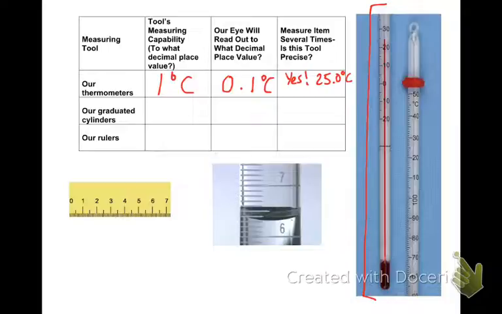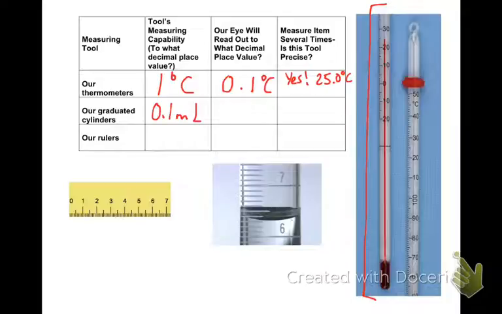Taking a look at our graduated cylinders. This graduated cylinder is going to read out to the 6 point, you got it? Yep, 10th place, well done. Because you guys are geniuses and I know you're thinking of it, this measures out to the 0.1 milliliters.